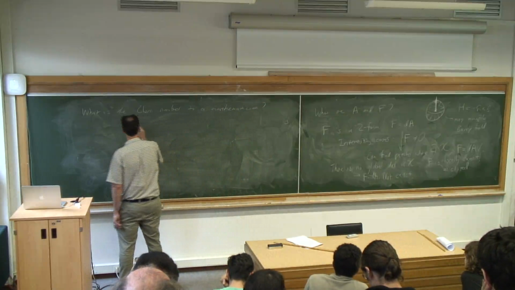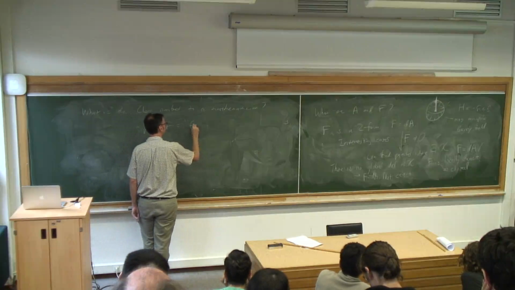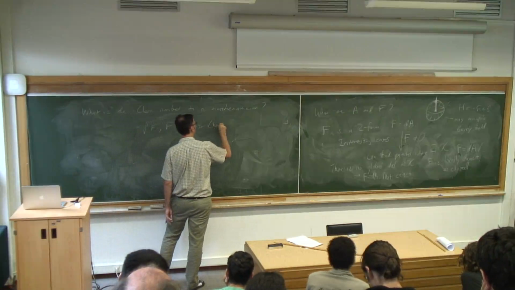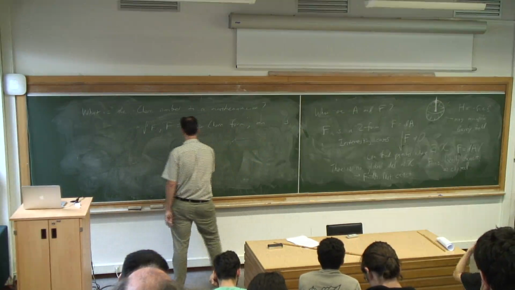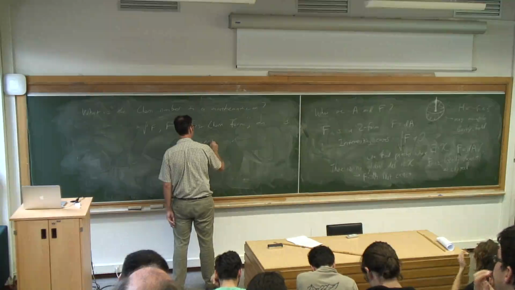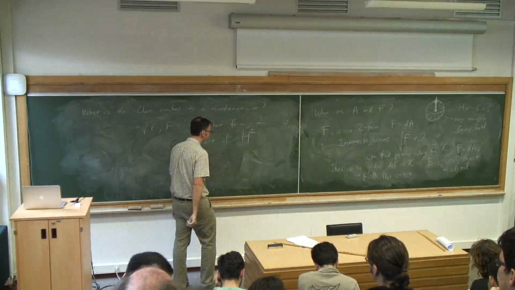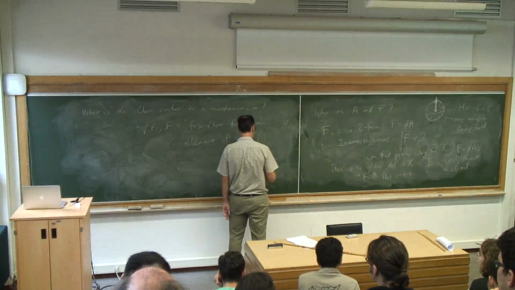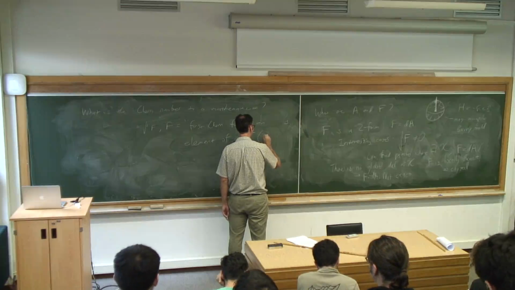Well, it's the integral of F. F is, in this case, the first Chern form. Since it's a 2 form, it's an element of H2, the second cohomology class, of my manifold, in this case, the sphere, let's say in general M.